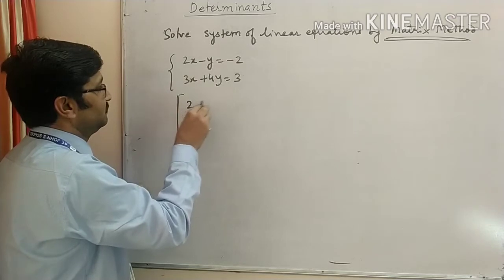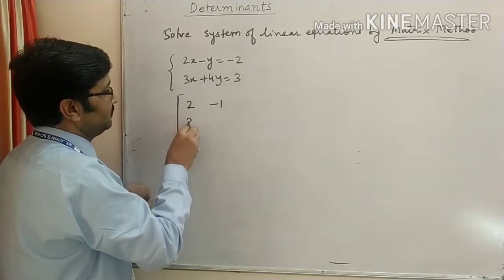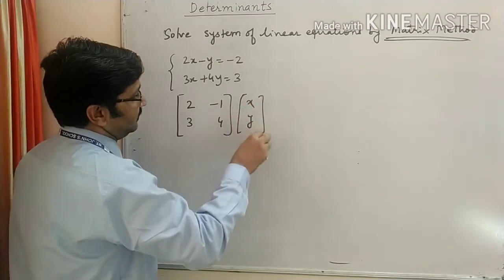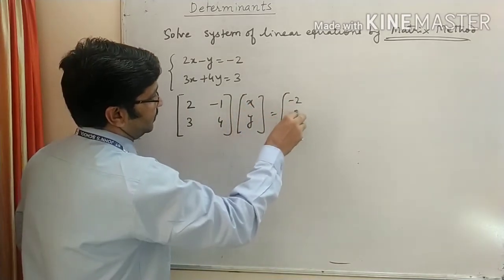Look here, this 2, minus 1 is the first row, the second row is 3 and 4, and then you write the x and y, and last is minus 2 and 3.